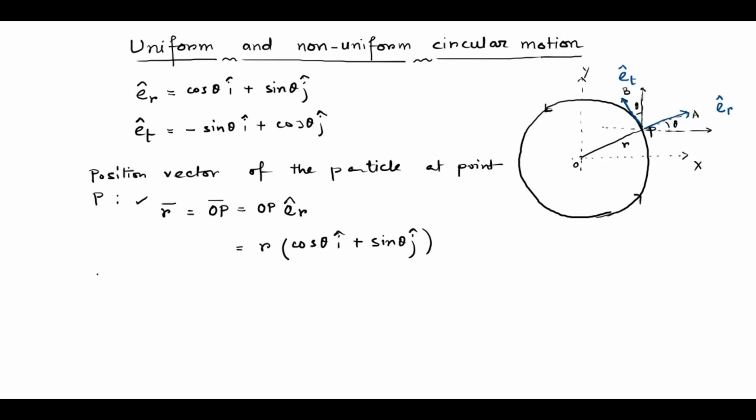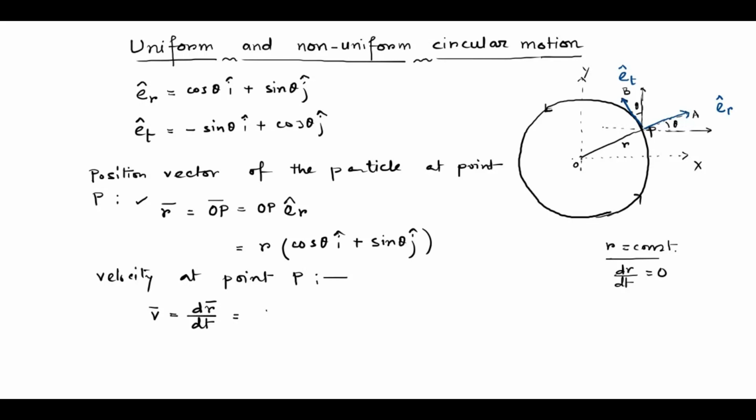If I calculate the position vector, then I can calculate the velocity at point P. Velocity at point P, how much? V equal to dr dt, the derivative of R. Here R is the radius, so R is constant throughout the circular motion, so the derivative of R is 0.